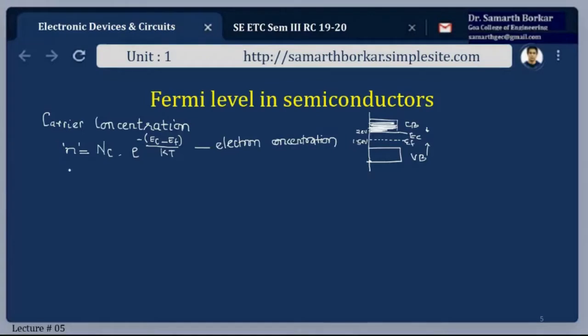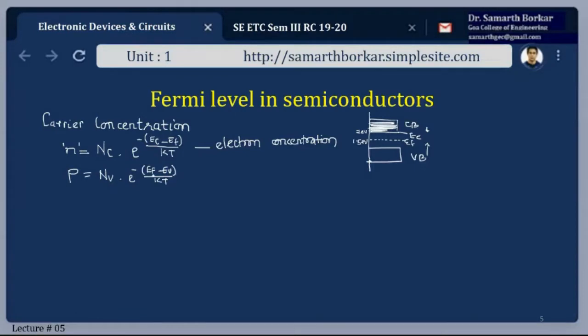Similarly, p, the hole concentration, is given as the energy density of states in the valence band, NV, into e to the power (EF minus EV) by kT. Now, what is NV?